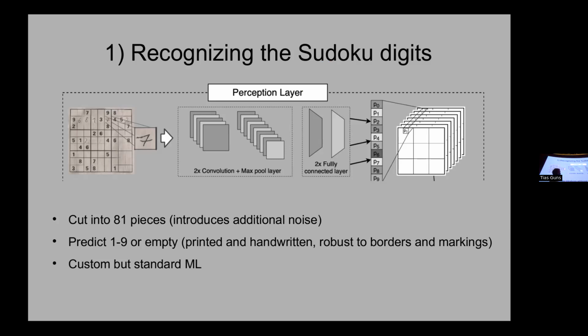So this is slightly custom because you cannot use MNIST or SVHN type things, since you also need to predict whether the cell is empty, but that's really a tiny change. So you can use standard convolutional neural network techniques here. All right. So with that, you can get the predictions for every cell, and you can use that.